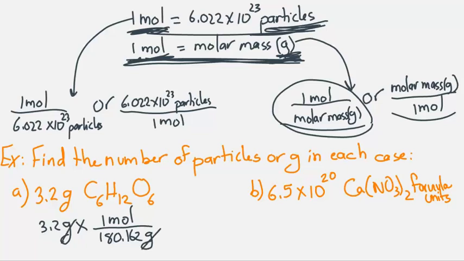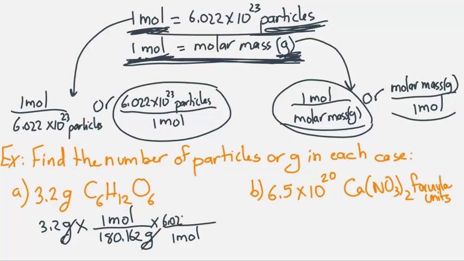I don't stop here. I don't want it in moles. I want it in particles, which here is molecules. So I need to put another conversion factor. I have mole up, so I need to put mole down to cancel the mole and get the molecules. So I need to take the second one: 1 mole down and 6.022 times 10 to the 23 molecules up.